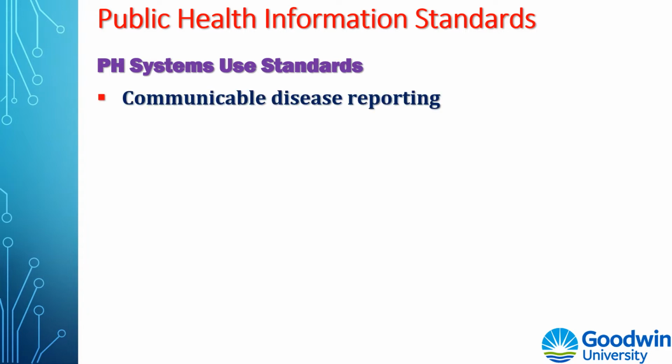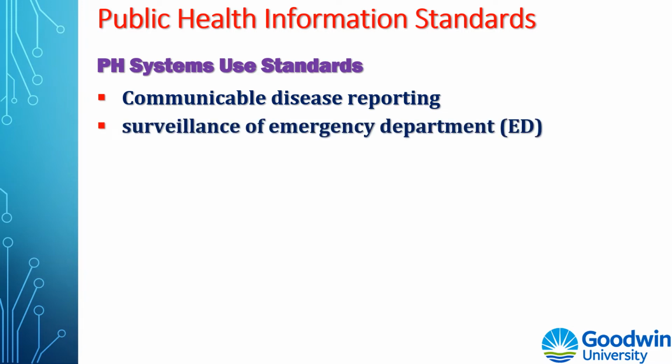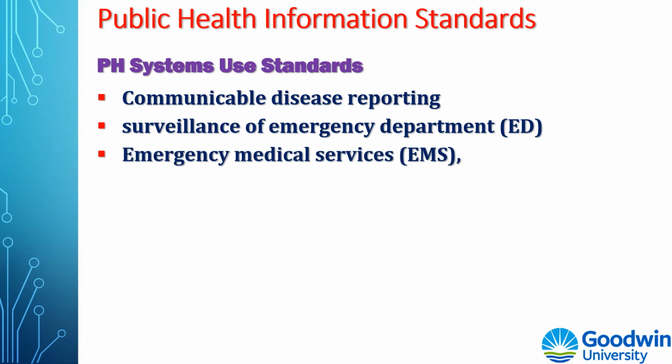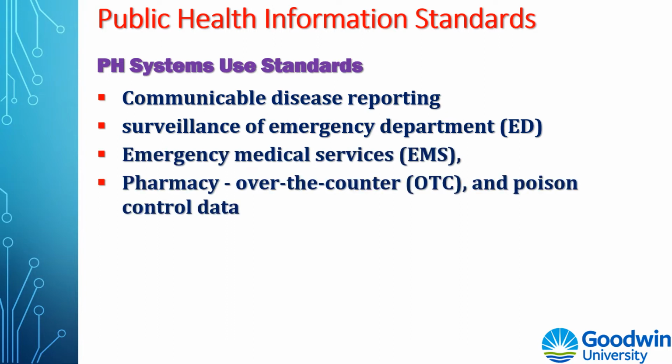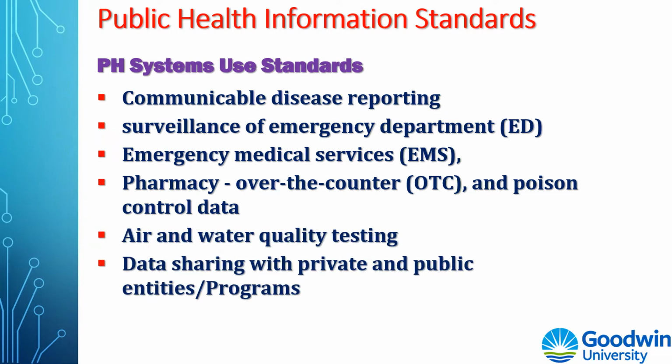So communicable disease reporting and surveillance of the emergency department is another one. Those are different standards. Emergency medical services, EMS, pharmacy over-the-counter, OTC, and poison control data, air and water control testing, data sharing with private and public entities and programs. These all use system standards.